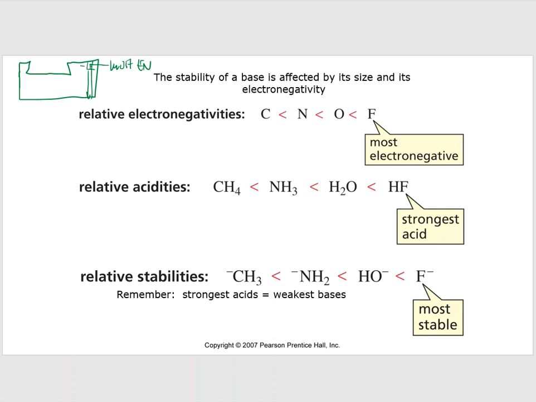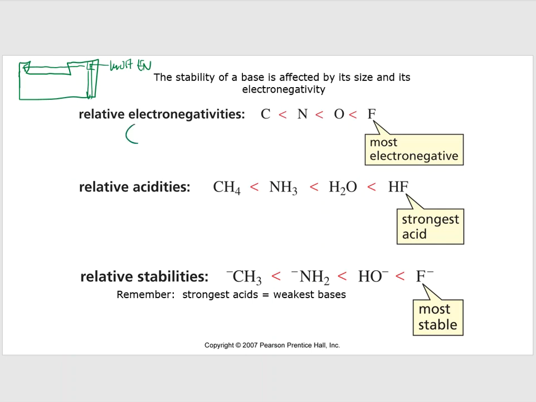And from fluorine, as we go across, the electronegativity decreases there as well. So what that means is that fluorine is the most electronegative, and as we go away from fluorine in either direction, either left-handed or down, that electronegativity decreases.